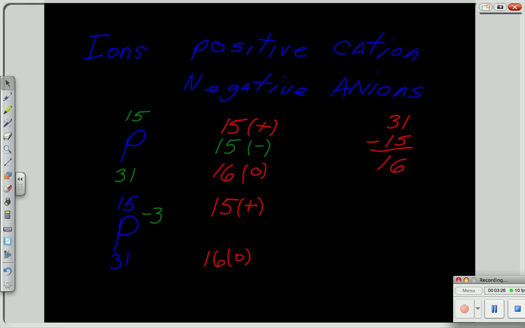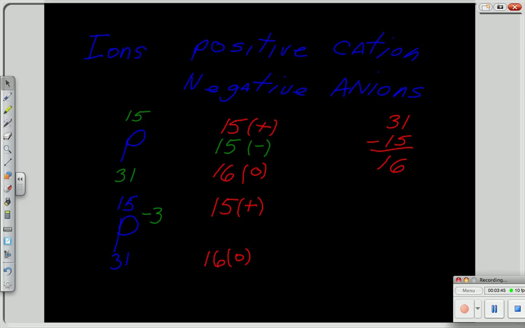So I have 16 neutrons in there. Now what I just did is I have this negative 3 charge right here. Well, an element will not change its protons, because then it would become another element, and that's called transmutation, and it doesn't happen unless you do some really fancy stuff to things.